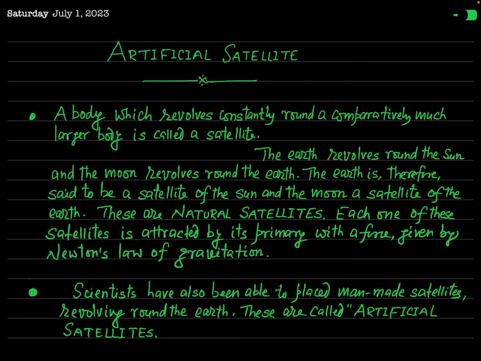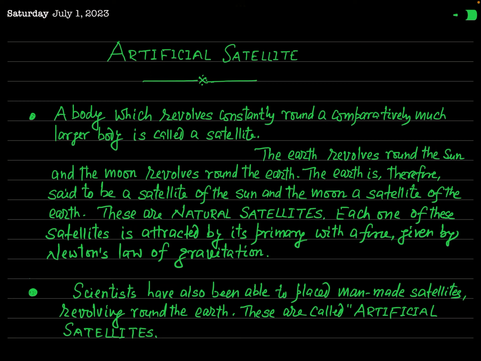So first of all, we will see here what is a satellite, and when you say artificial satellite, what does it mean? This is a very simple concept. In geography, you have studied that any heavenly body which revolves around the sun is called a planet, and a heavenly body revolving around a planet is called a satellite.